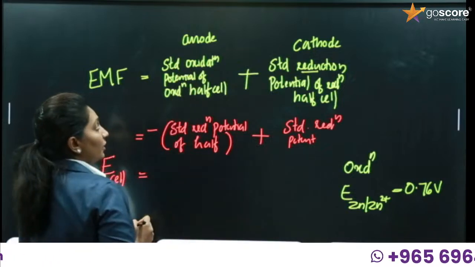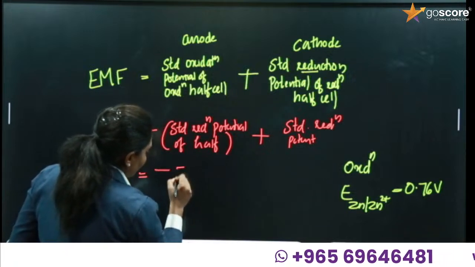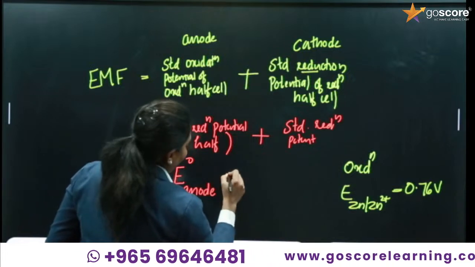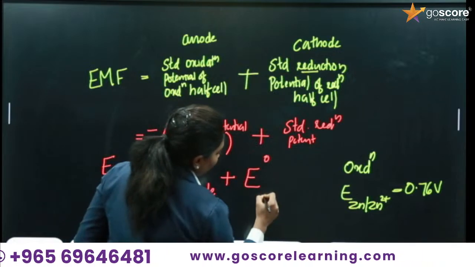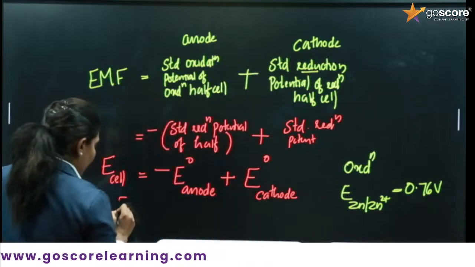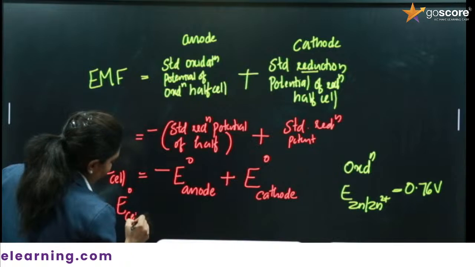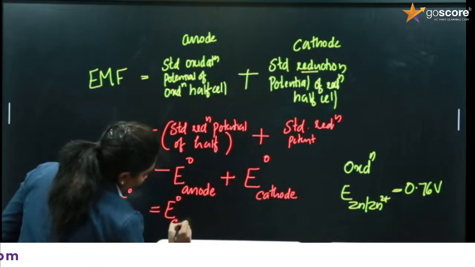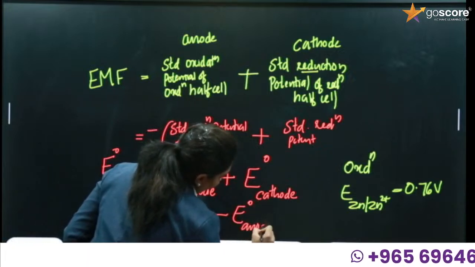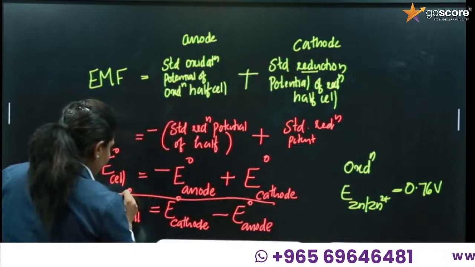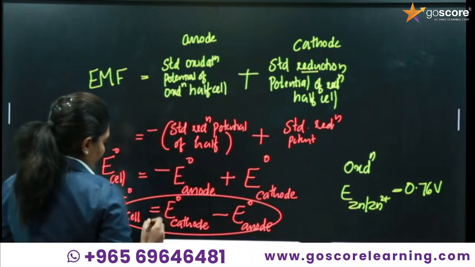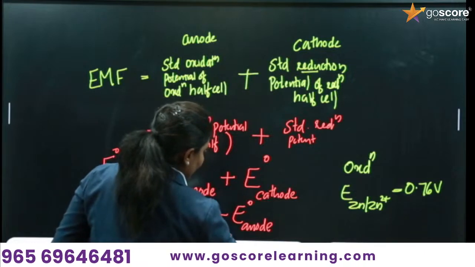This is the standard potential of the anode, so minus E naught anode, plus E naught for the cathode.